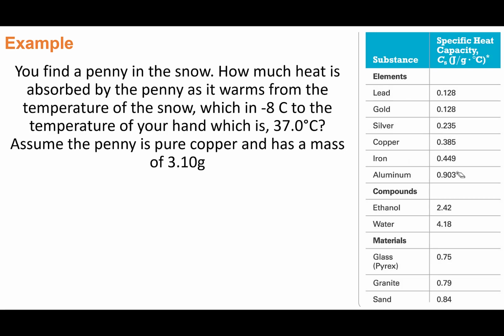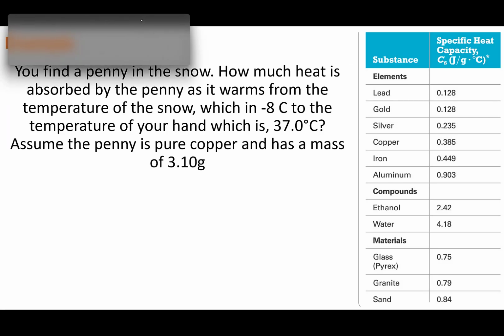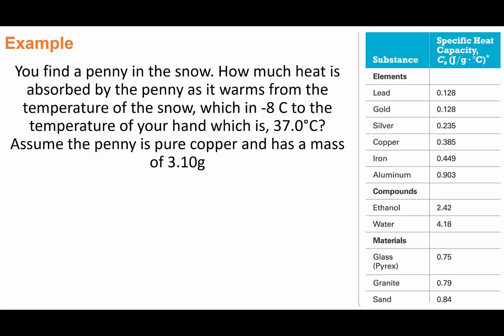On to an example here. Let's say you find a penny in the snow. I want to know how much heat is absorbed by the penny as it warms from the temperature of the snow, which is -8 degrees Celsius, to the temperature in your hand, which is 37 degrees Celsius. We're going to assume that the penny is pure copper, and it has a mass of 3.1 grams.